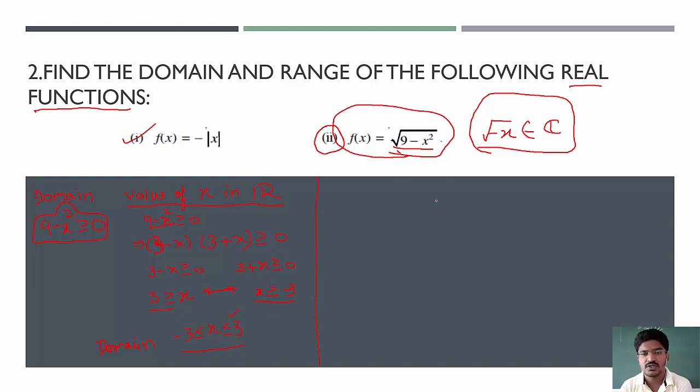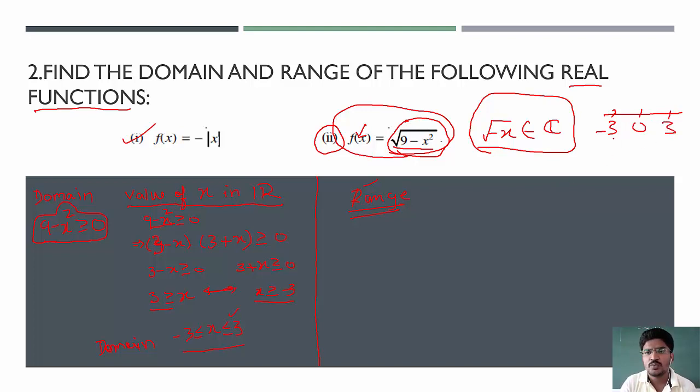Now let us go for range. Here, one thing you know: domain means input, and range means output. As this x is from the domain, that means it is from minus 3 to plus 3, which are real numbers.